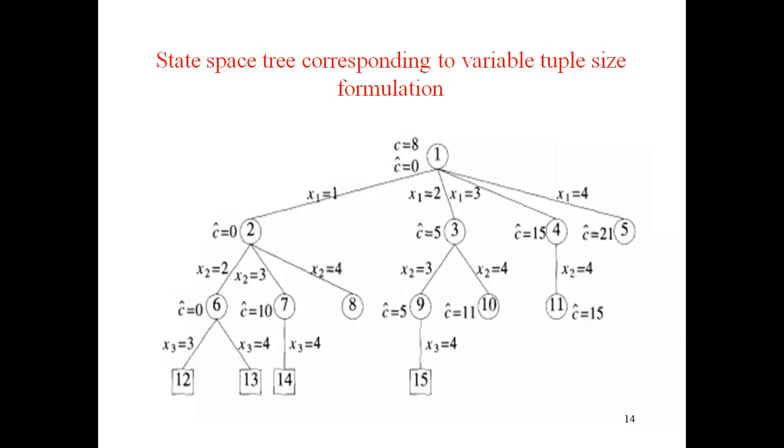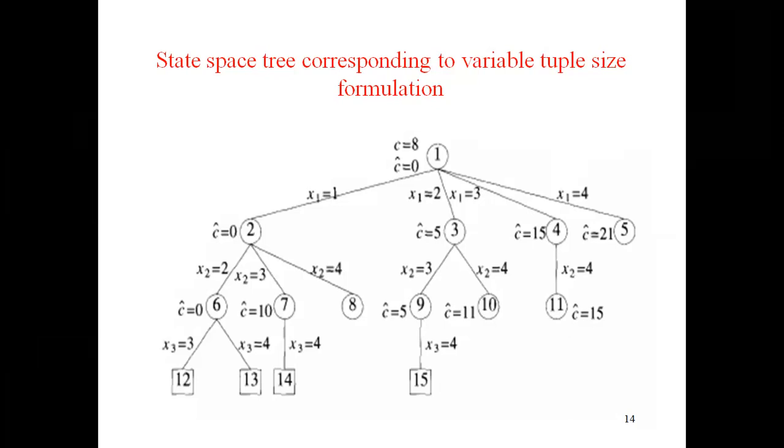Hence, nodes with C cap of x, that is the estimated cost of reaching the goal node from the node x, greater than upper are distributed in the same random way in the queue.